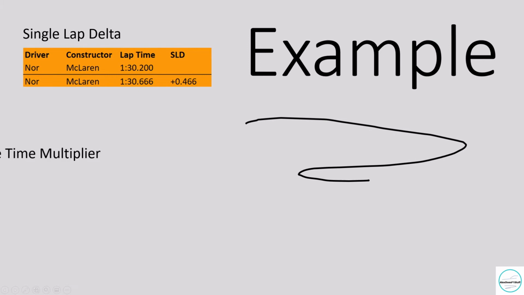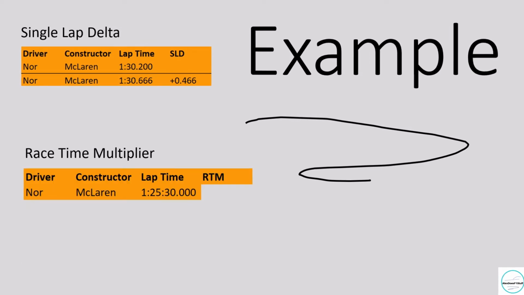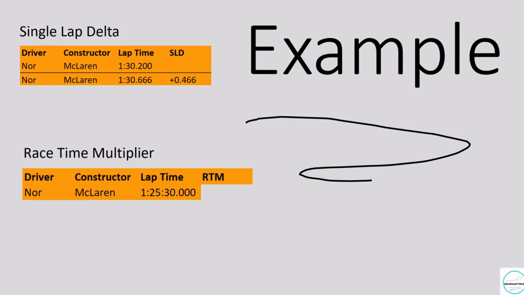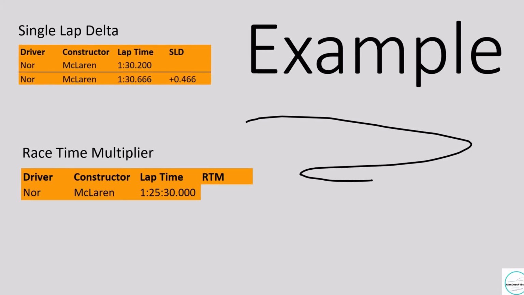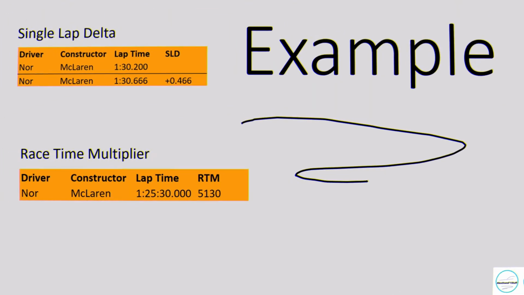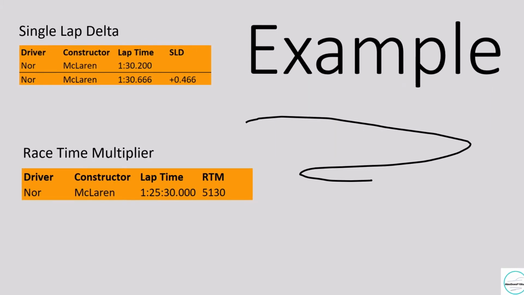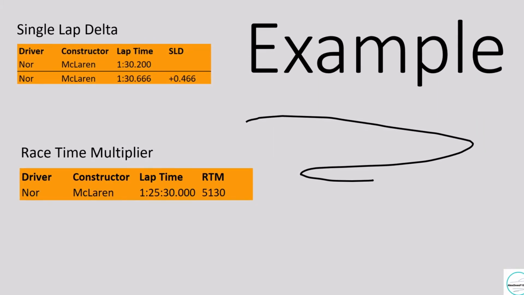So the race time multiplier, it's a little bit more complicated, but still fairly straightforward. So again, if Lando Norris sets a race time of 1 hour, 25 minutes, 30 seconds dead, I couldn't just multiply this by the RTM straight away, I had to convert it to seconds. And that gave us 5,130 seconds for the race, which to be honest doesn't seem like that many seconds.